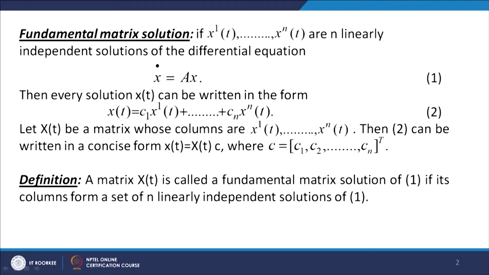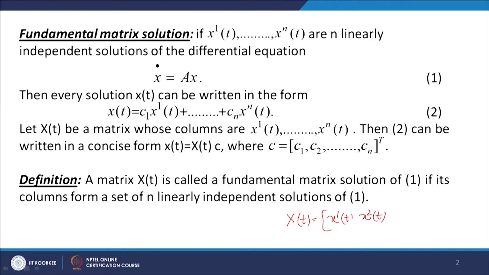Let X(t) be a matrix whose columns are these n independent solutions x1(t), x2(t) and so on xn(t). Then 2 can be written in the concise form x(t) equal to X(t) into c.